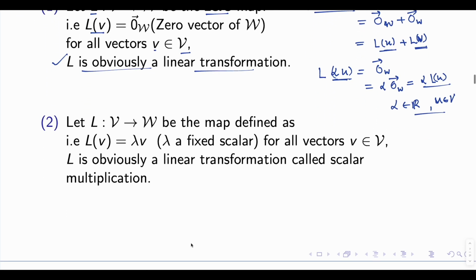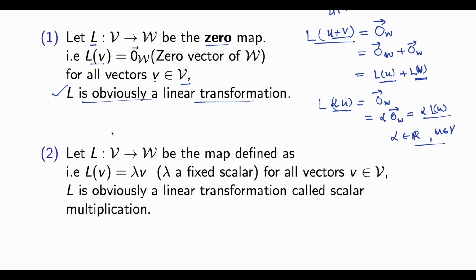Similarly, the next map: L from V to W defined as L of v equal to lambda v, where lambda is a fixed scalar for all vectors v. This is also a linear transformation, which you can easily verify.